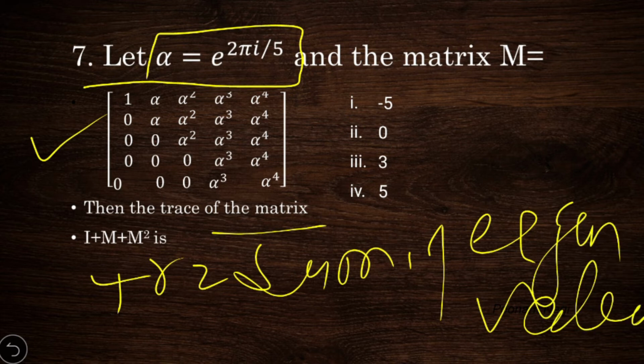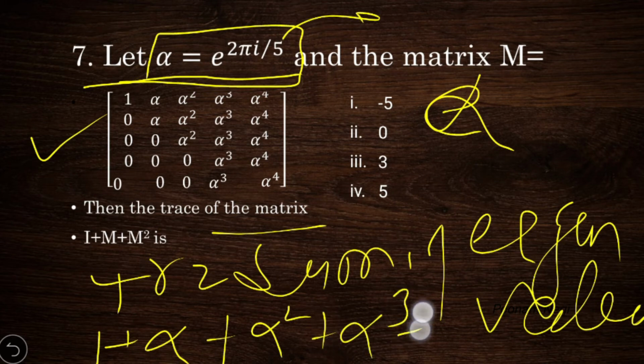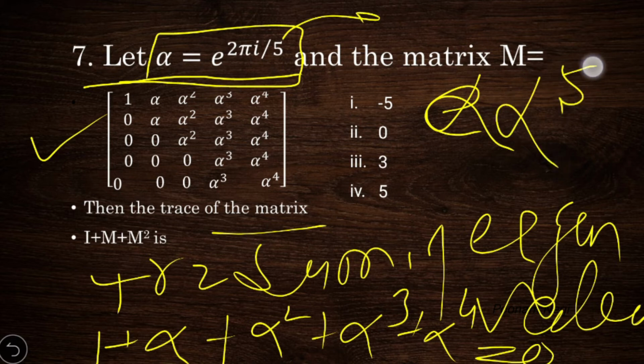Since alpha is e to the power 2 pi iota upon 5, this shows that alpha is the fifth root of unity. That means 1 plus alpha square plus alpha cube plus alpha to the power 4 equals 0, and alpha to the power 5 equals 1.